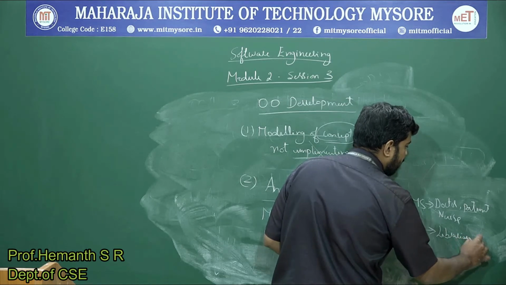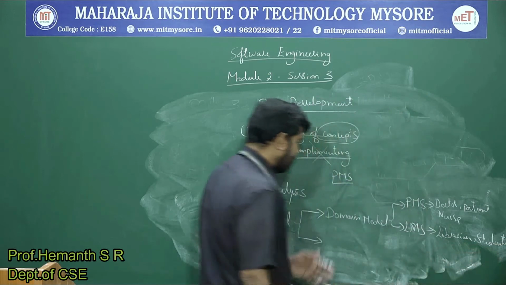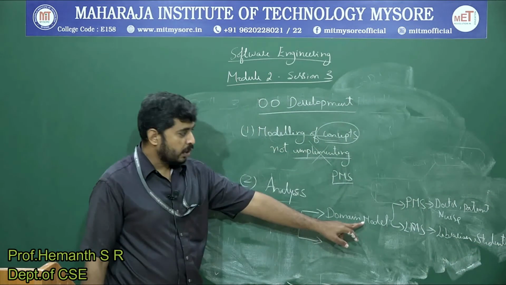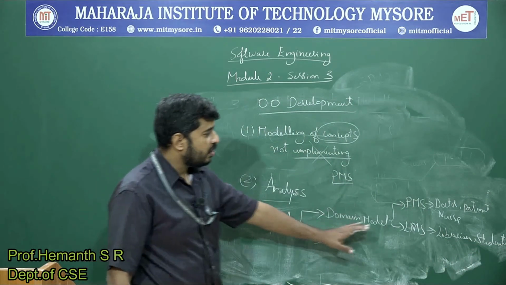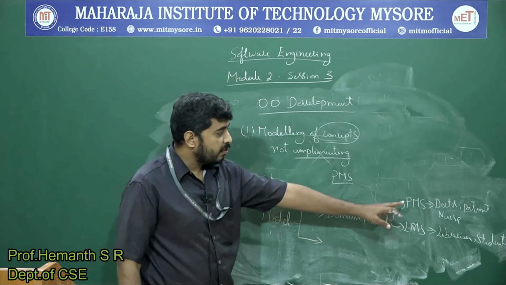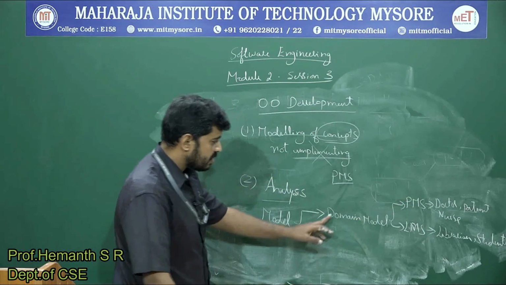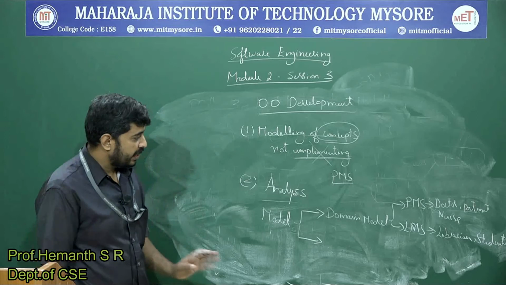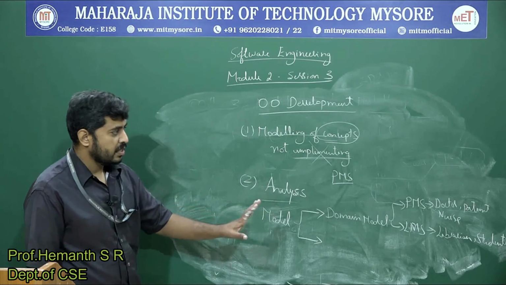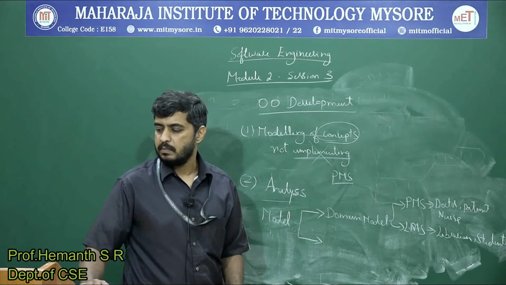So librarian, students. Please note, the domain model depends on the software or system we are developing, and the real world objects will change. Okay. So this is domain modeling, where the analyst will try to understand what are the objects, real world objects related to the system.